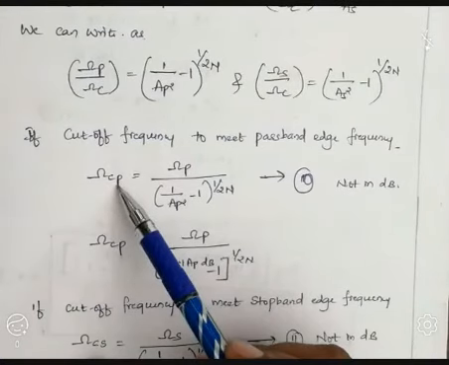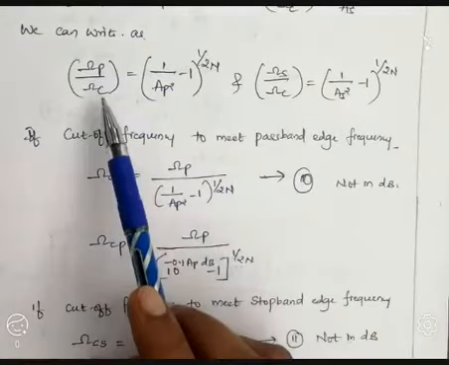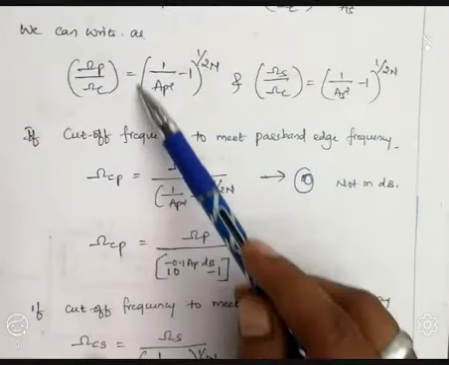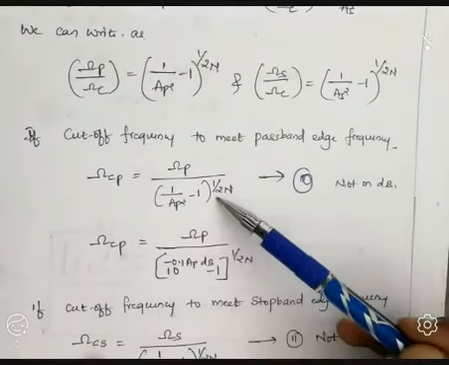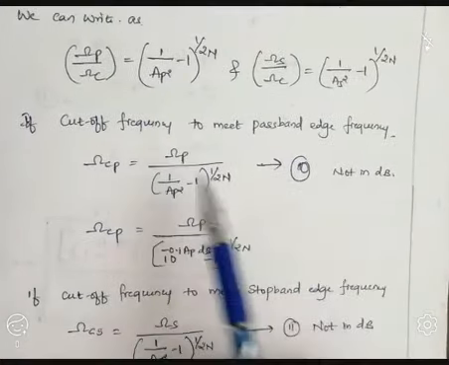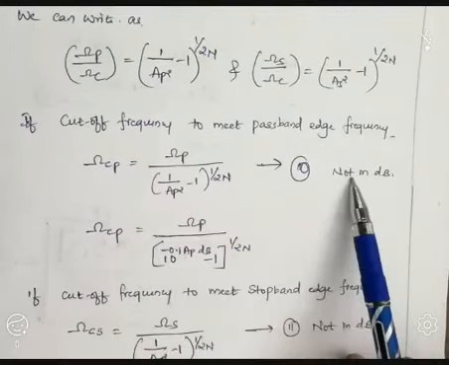Rearrange the terms, we want omega c. Hence, omega c equal to omega p divided by 1 by AP square minus 1 whole to the power 1 by 2n. This is the cutoff frequency in order to meet the passband edge frequency. One more point we have to remember: this is the equation for when the values are not given in dB.